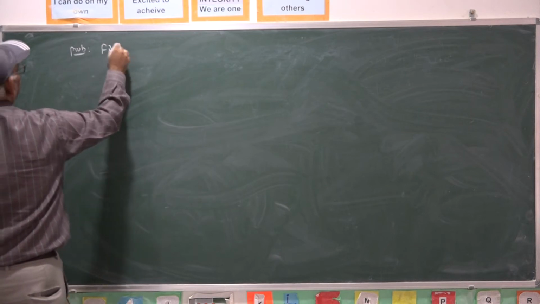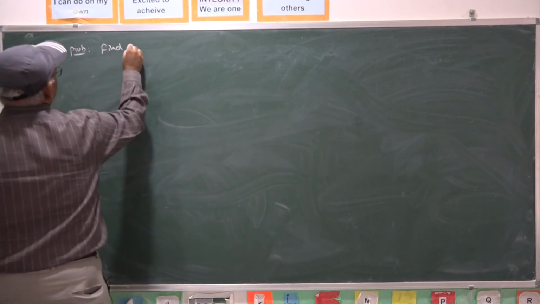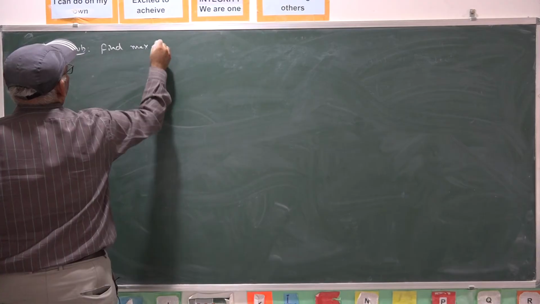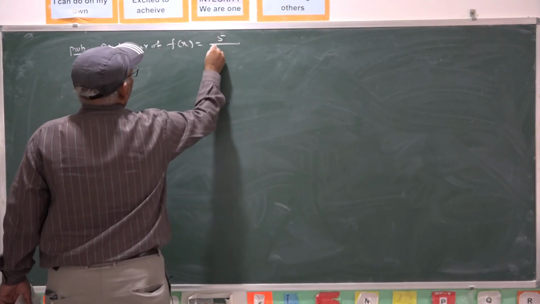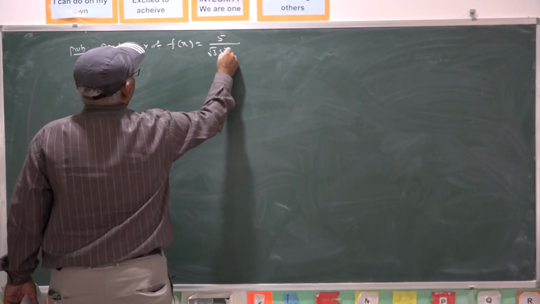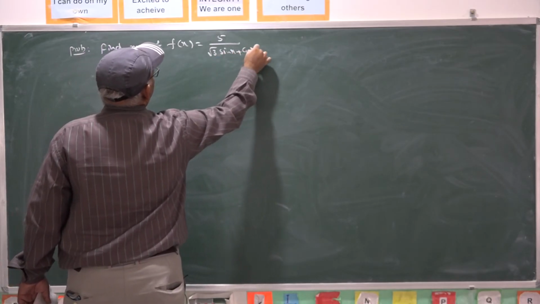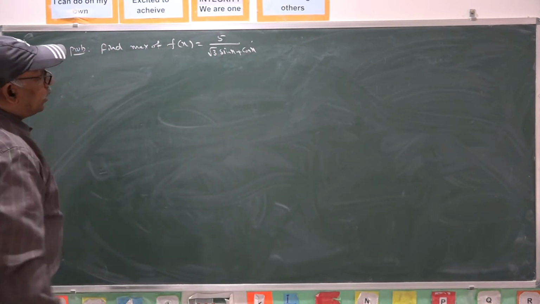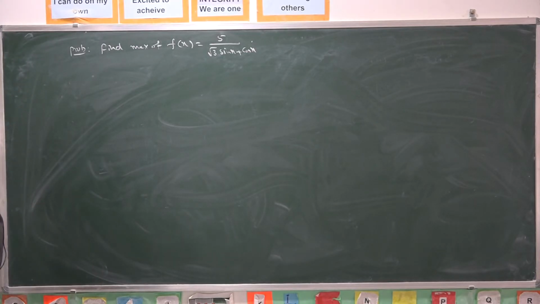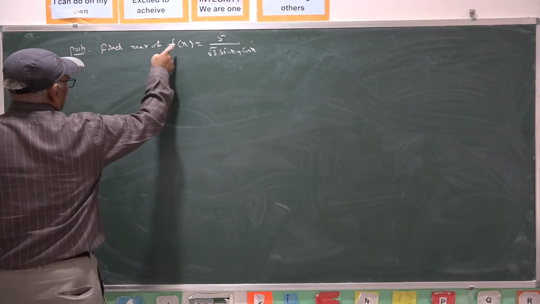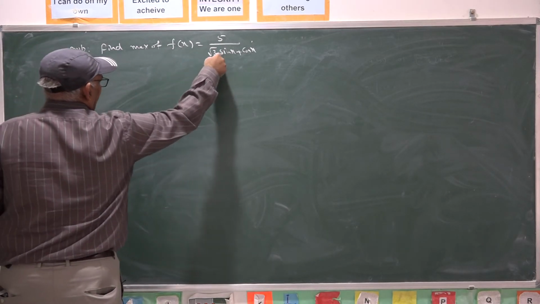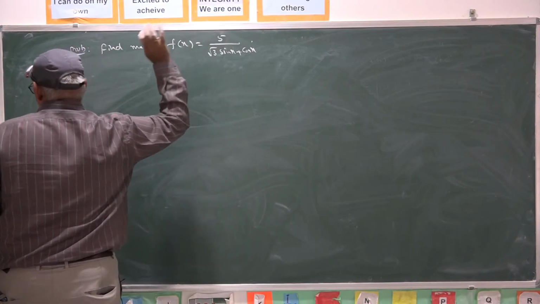Find the maximum of f(x) equal to 5 by (root 3 sin x plus cos x). Find the maximum of f(x) equal to 5 by root 3 sin x plus cos x. So, to get the maximum of f, find the minimum of the denominator because the numerator is constant.